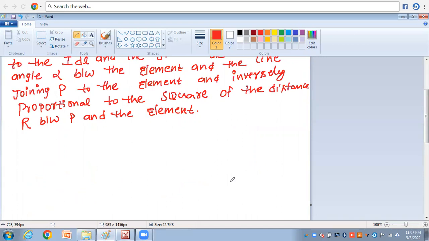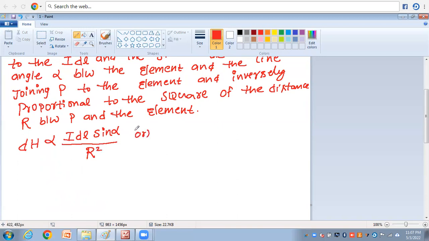Mathematically, dH is directly proportional to the product of I dl and sine alpha, and inversely proportional to 1 by R square.